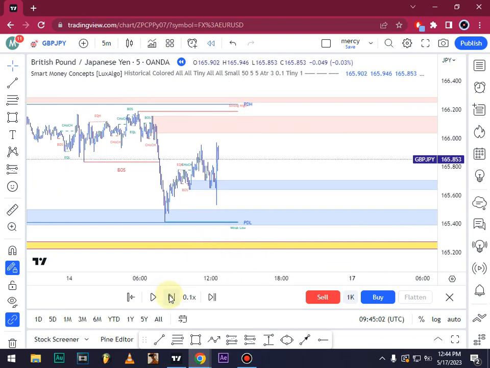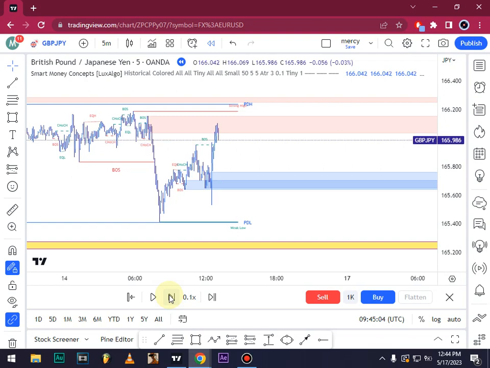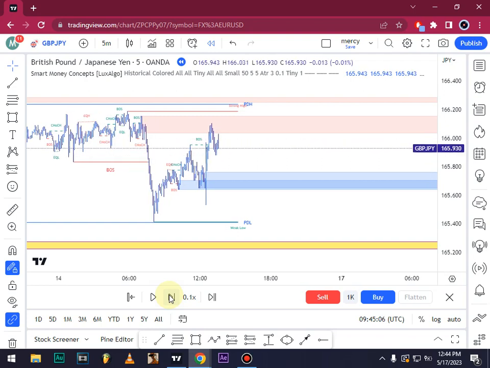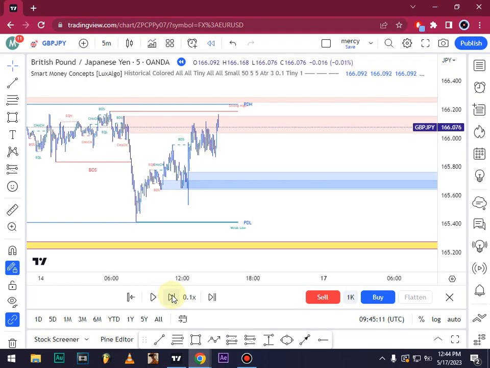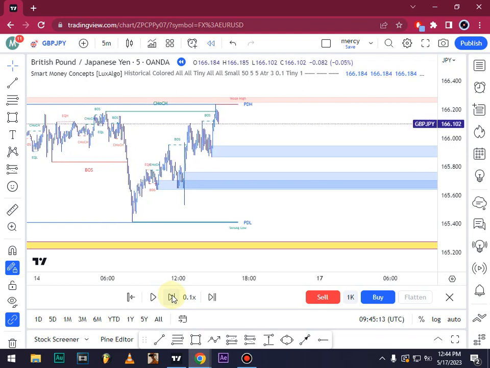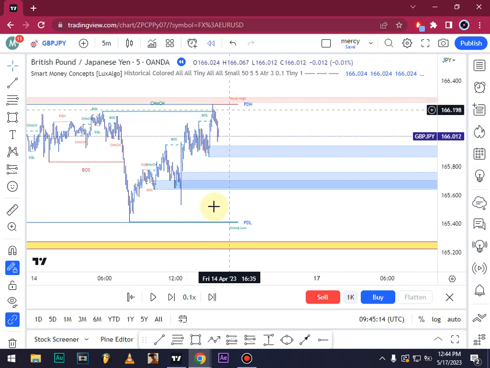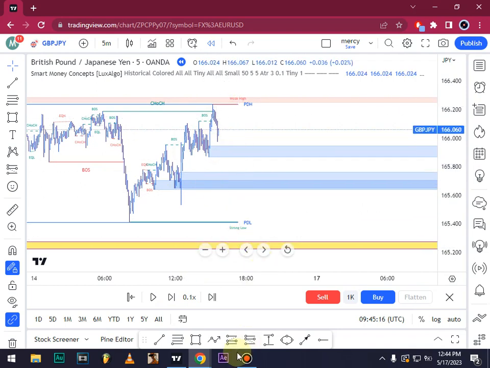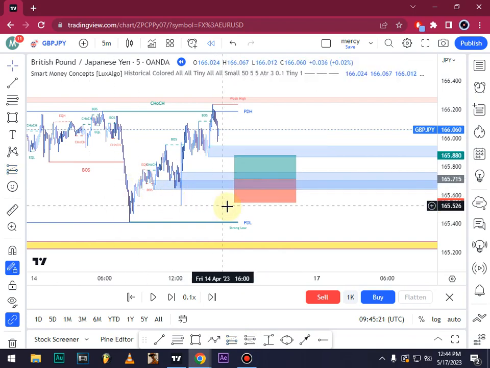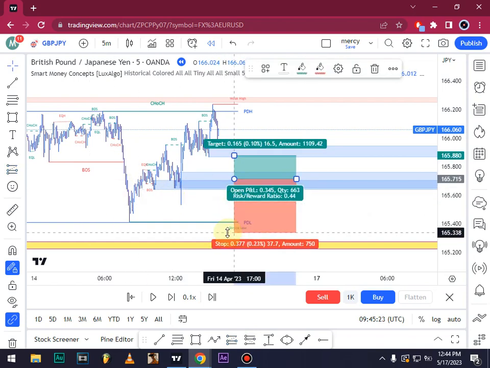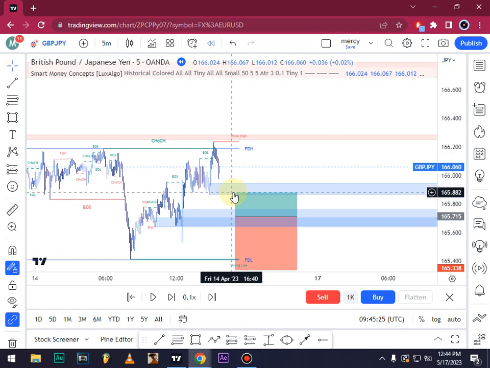That's now weak. Okay, now this is strong, so we just have to wait for price maybe to go back over here, this zone. All right, then our stop loss should be below this for scalpers only.